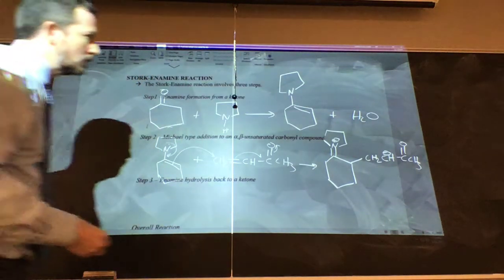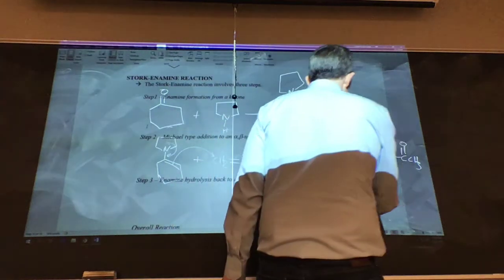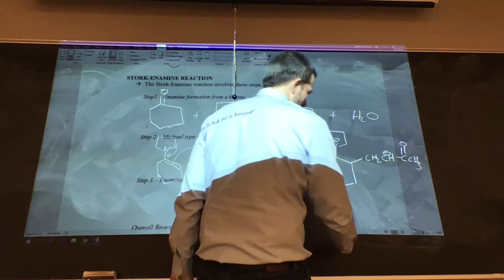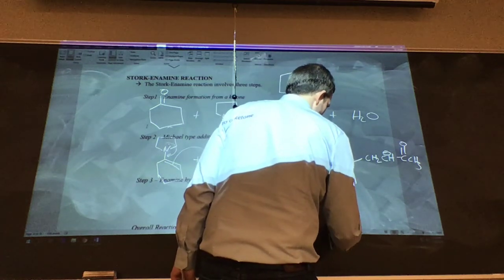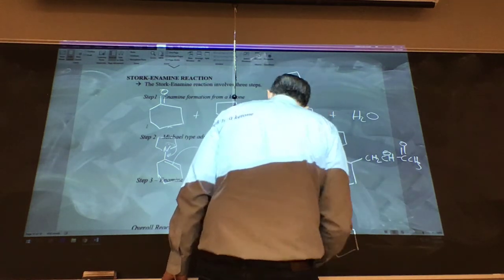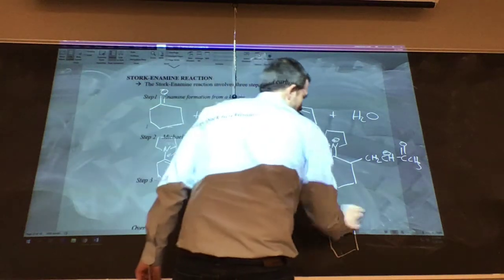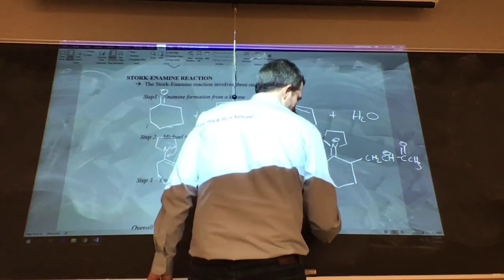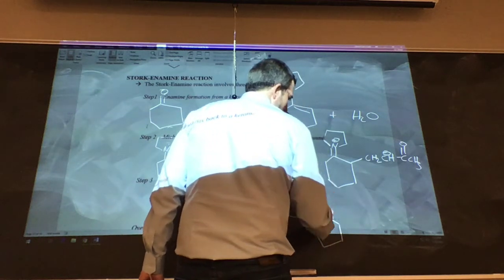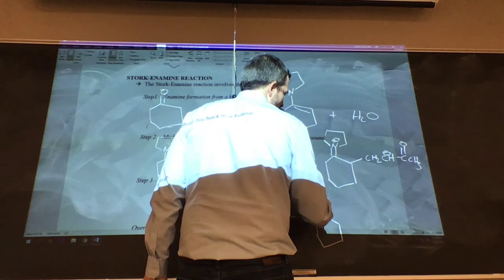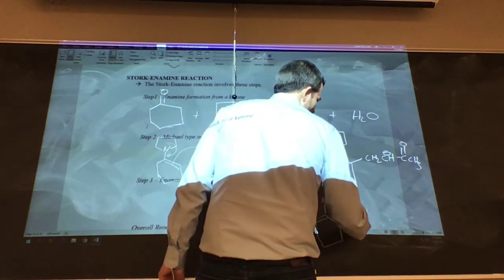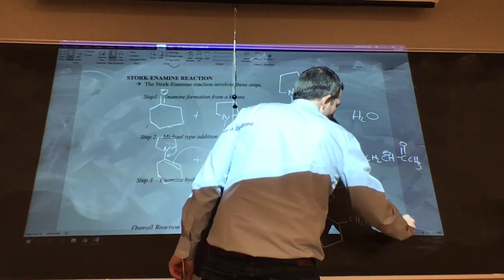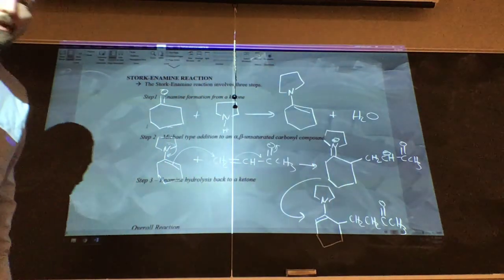And so what you end up seeing then is that being protonated, taking off the carbon. You see a proton transfer, so you'd have that compound.